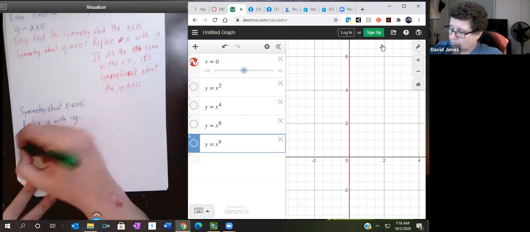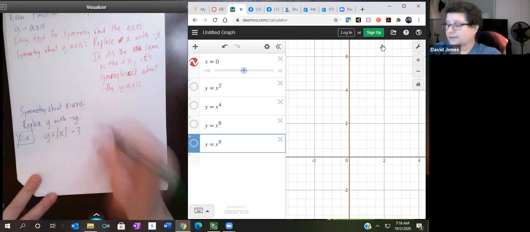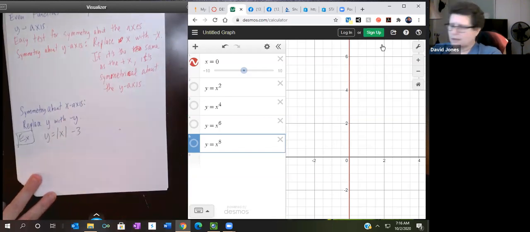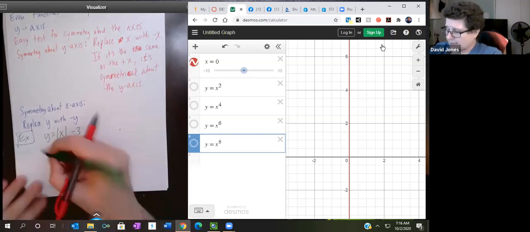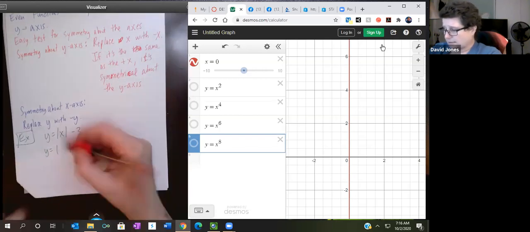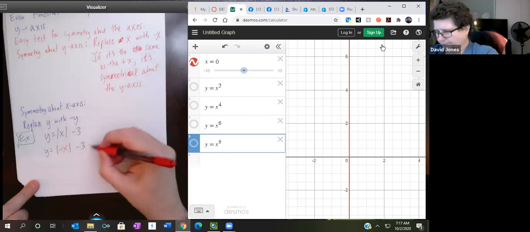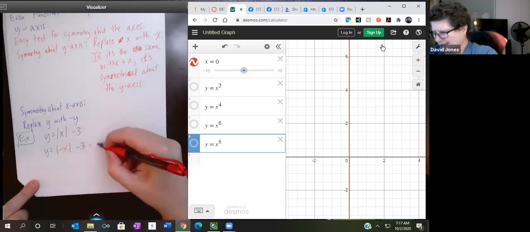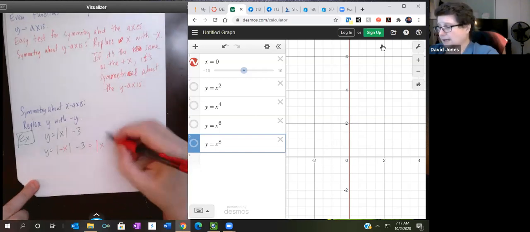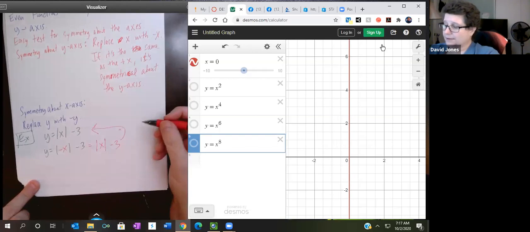Example. Y equals the absolute value of x minus 3. I'm going to replace x with negative x. If I do that, the absolute value of negative x minus 3 is the absolute value of x minus 3 like that. This is the same.